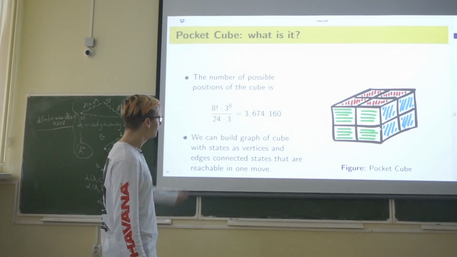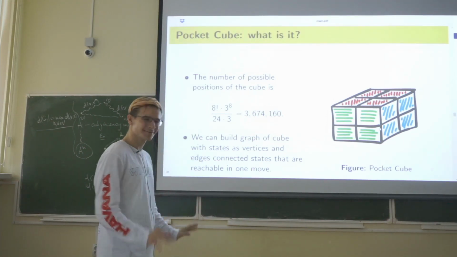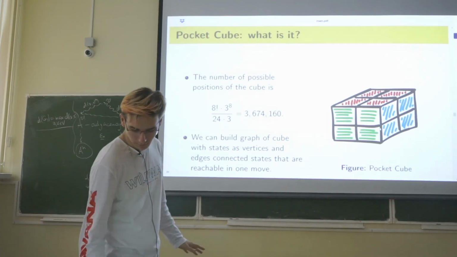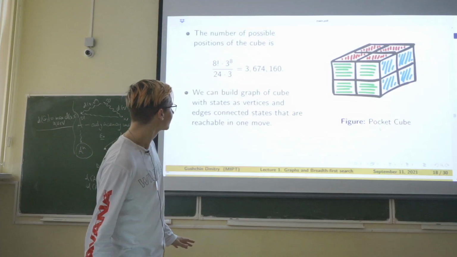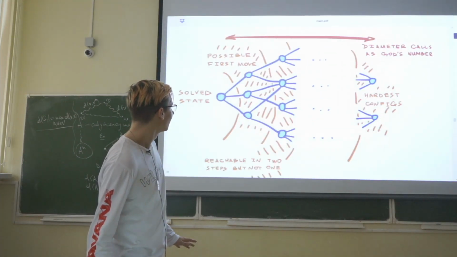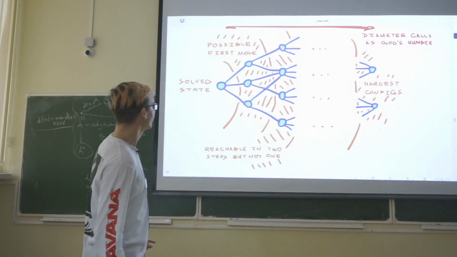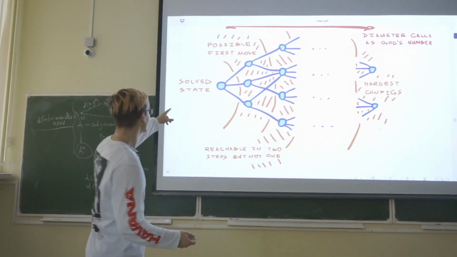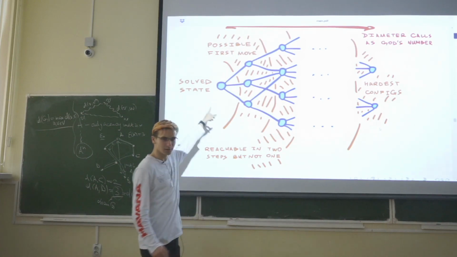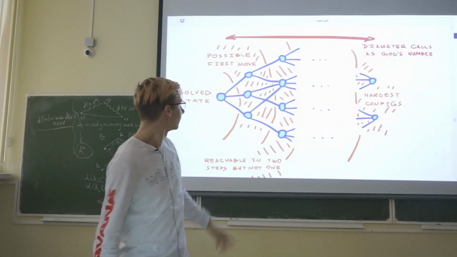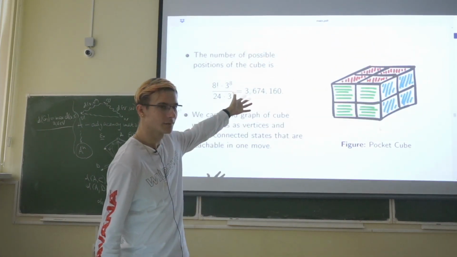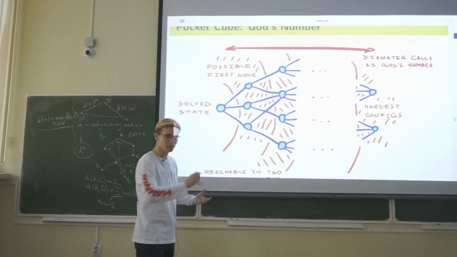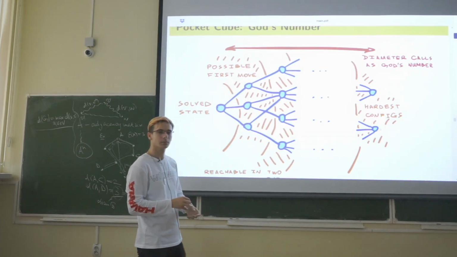Then it's a very small graph, of course, and we can understand what the structure of the graph is. For example, we have the solved state. On the figure, it's the solved state. Then we can make transformations of the cube, similar to a neural network.